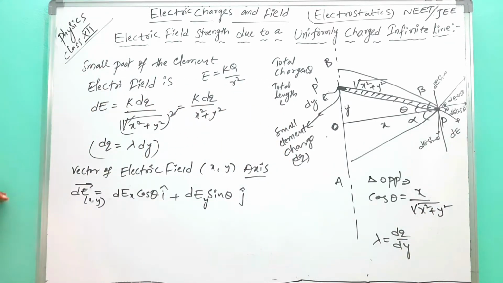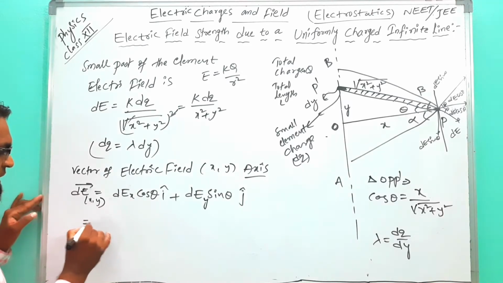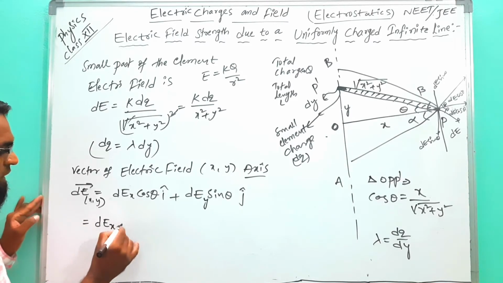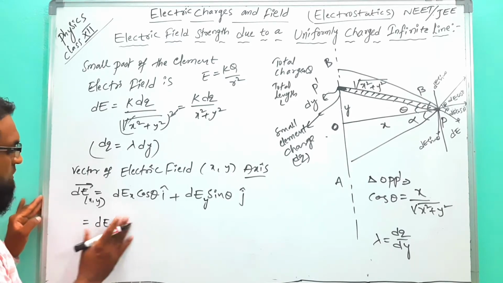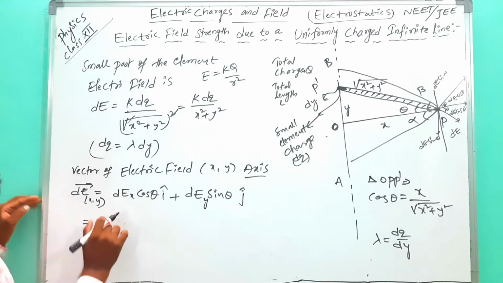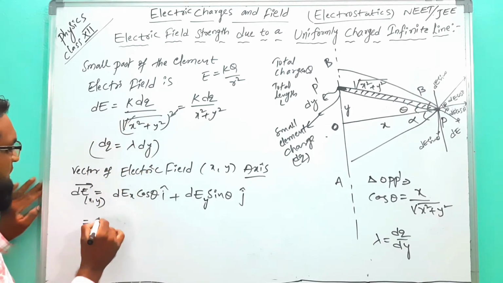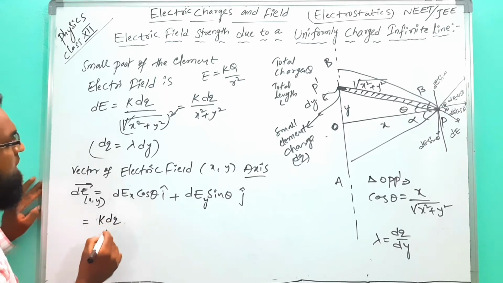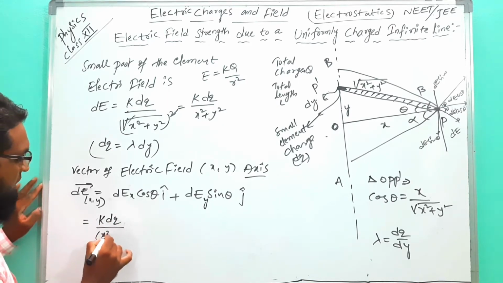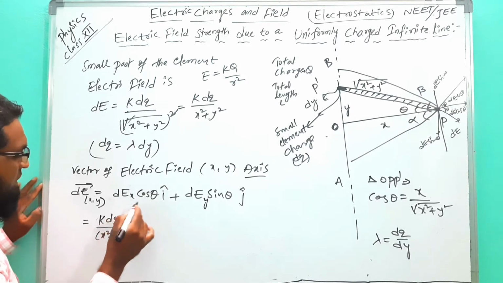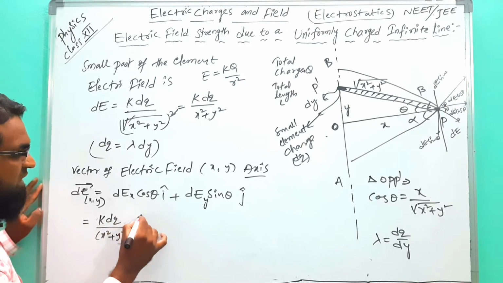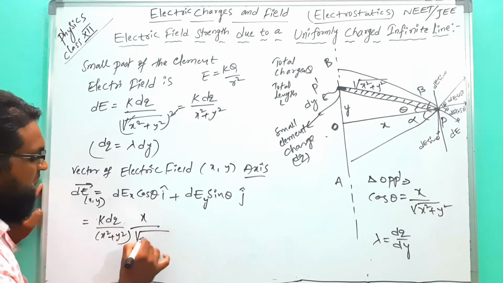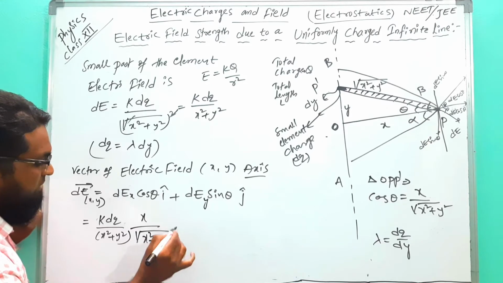Up to this point clear na students? So for dE cos theta, the dE value we already know: K into dq by x square plus y square. The cos theta value is x by root over x square plus y square.